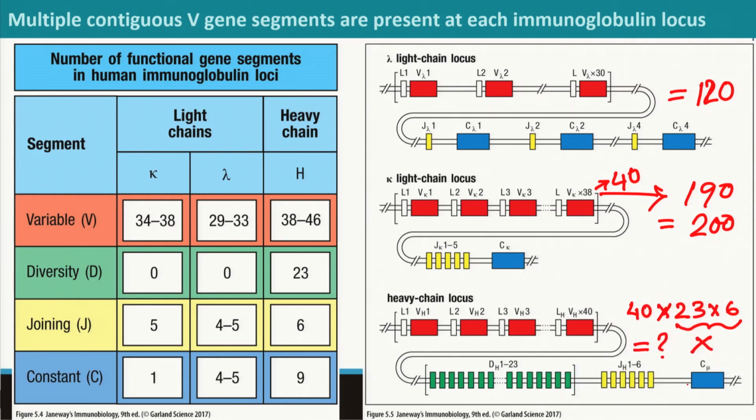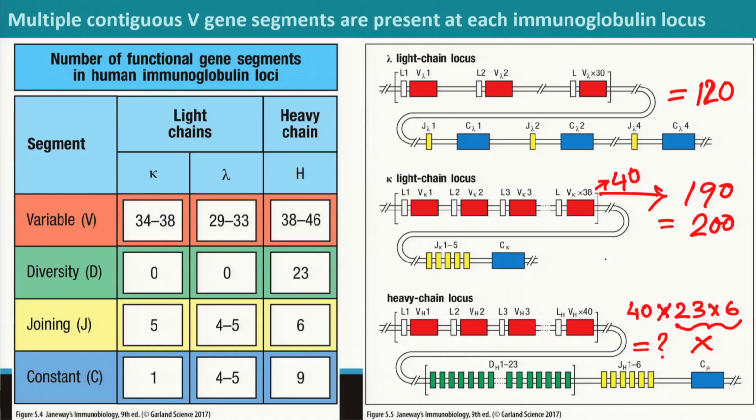Now, what is happening in the antibody molecule? What is there in an antibody? An antibody is the combination of one heavy chain and one light chain, which are linked with a disulfide bond.